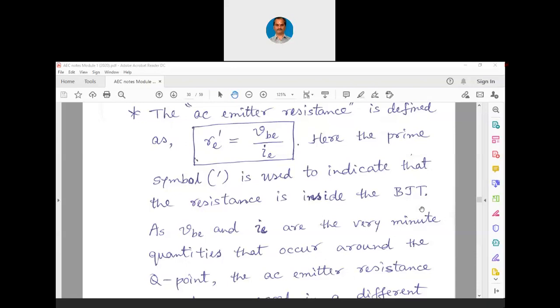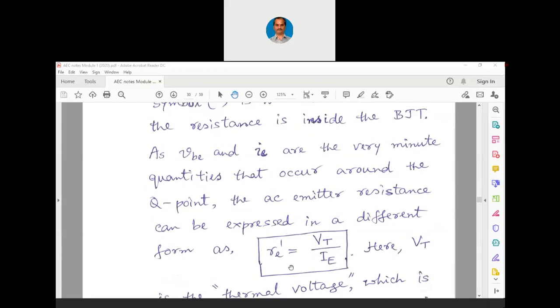K is Boltzmann's constant, T is temperature, normally taken as 27 degrees centigrade, and Q is the charge of the electron. That is called the thermal voltage. Now, as we are dealing with small signal operation, where around the Q point the signal is very small, we can directly write RE dash equals VT by IE.